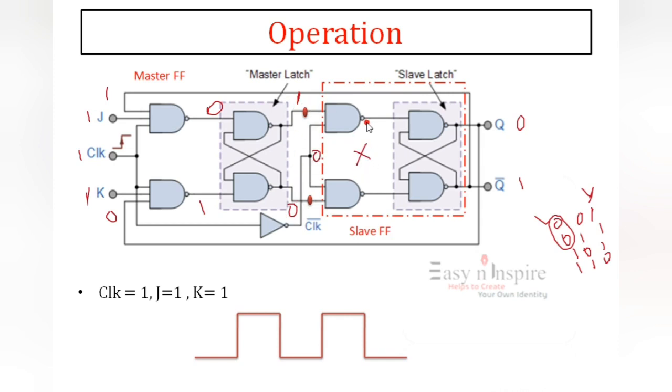So 1, 0 are given, but it is deactivated, and the outputs are the same, 0 and 1. That is for clock 1. Next, the clock is 0. I am taking 0. When the clock is 0, the first circuit is deactivated, no changes. So this 1 is going here, 0 is going here, and the 0 clock becomes 1 here.